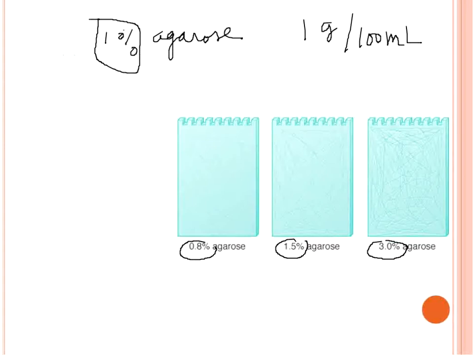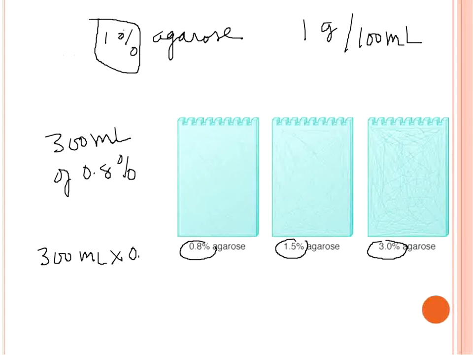So if I ask you to make 300 milliliters of 0.8% agarose gel, you're going to figure out how much agarose is needed. It's going to be 300 milliliters times, there you go, Victoria figured it out, 0.8 grams per 100 milliliters, right?